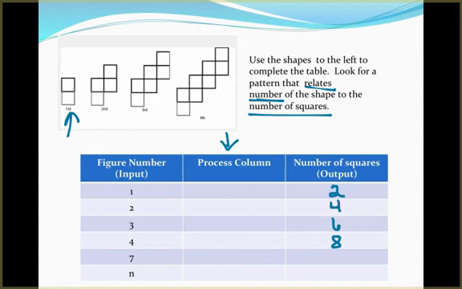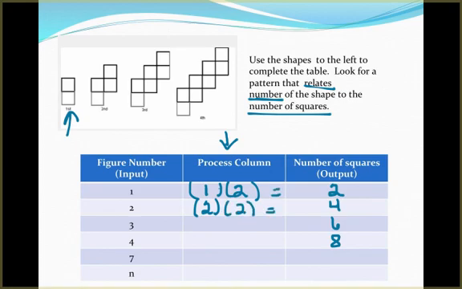Well, what I'm going to do is take my figure number and multiply it by 2 and that gives me my output. In the second example, if I take my figure number 2 and multiply it by 2, I get 4. If I take my third figure number and multiply it by 2, I get 6.